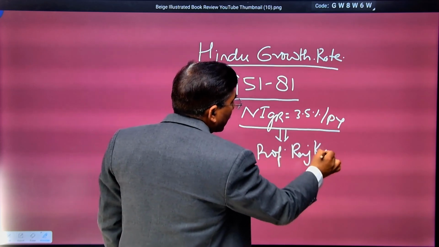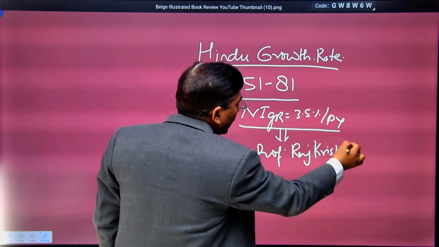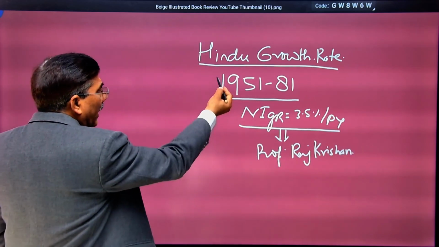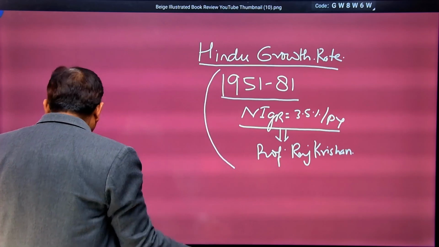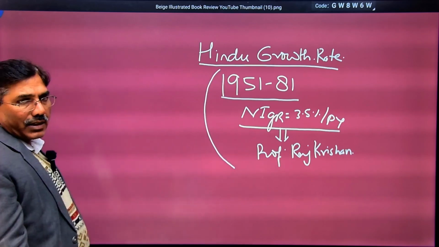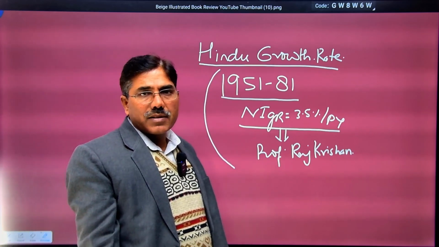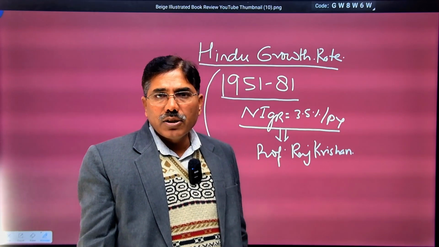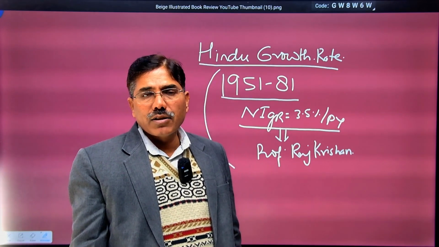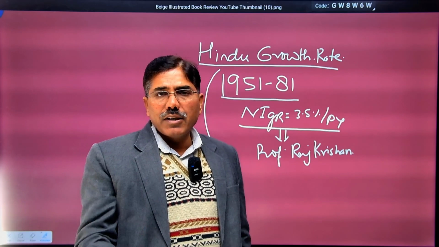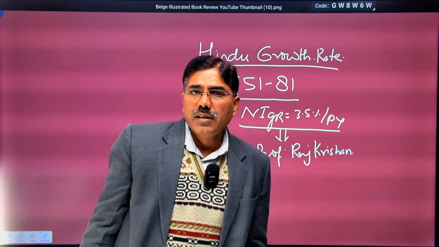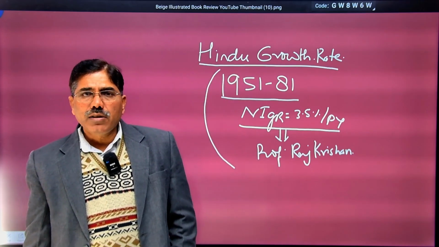Why did Professor Raj Krishna give this name? Because the Indian social system determined this growth rate. At that time, in the total population, the percentage of Hindus was more than other communities. That is why our social system was responsible for the determination of this low growth rate.